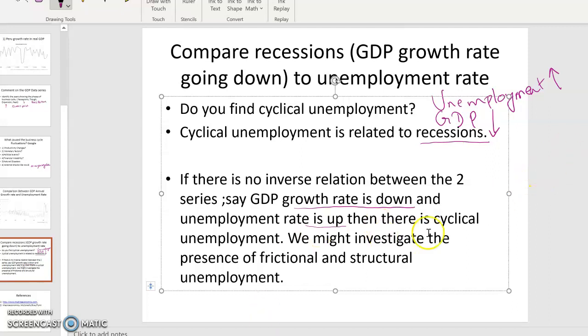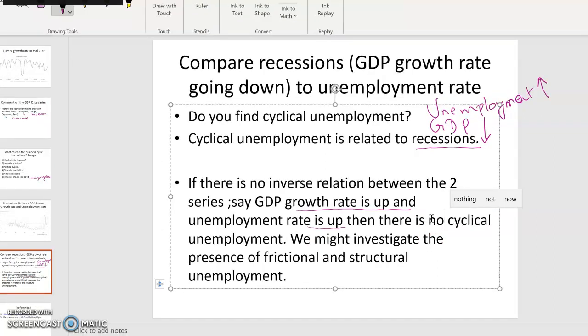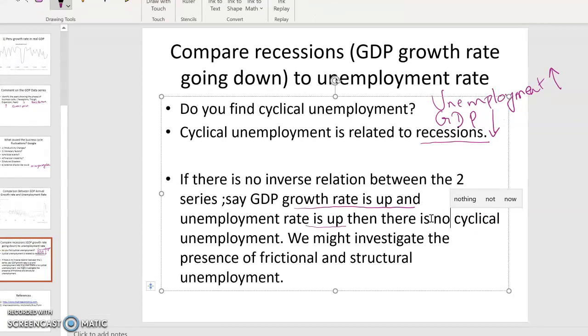But if GDP is going up and unemployment is going up, then there is no cyclical unemployment. Cyclical unemployment is just related to recessions.